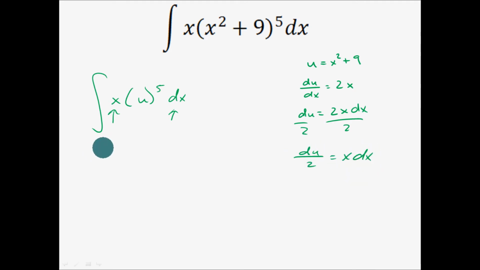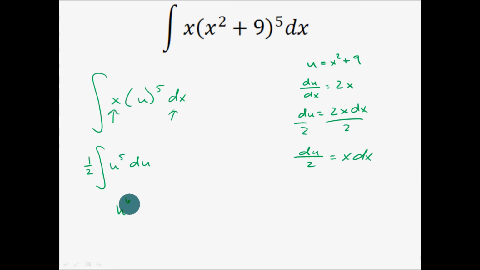All right, so now I can do my substitution. So I'm going to have du over 2, so that's 1/2 du, right? So 1/2, then I'm going to have a du, but I still have this u to the 5th. All right, so there's my new integral that I need to evaluate. So I'm going to go like this. I'm going to add 1 to the exponent, so it's going to be u to the 6th.